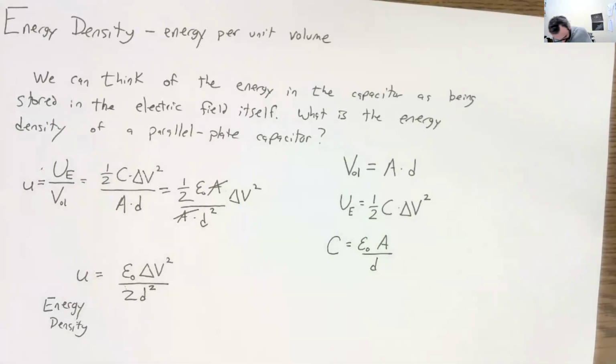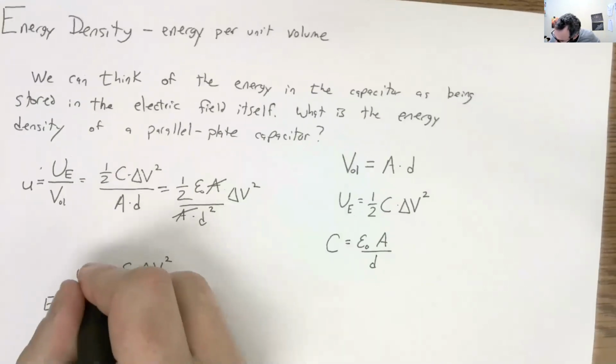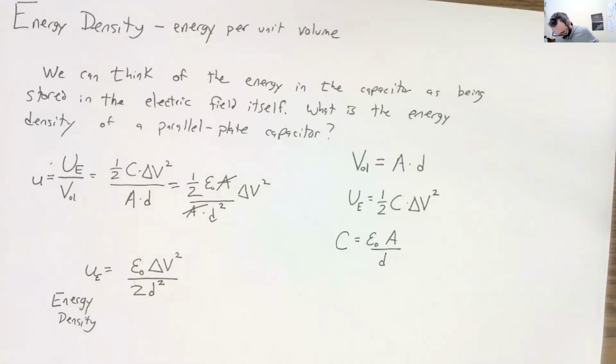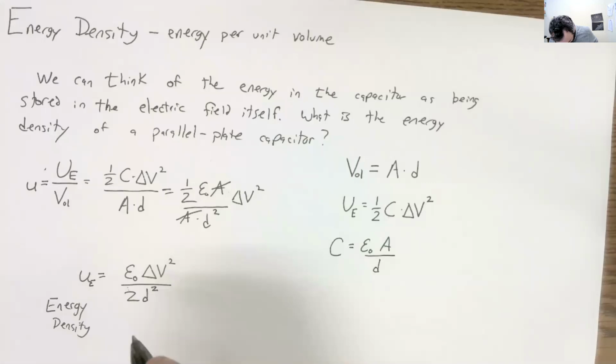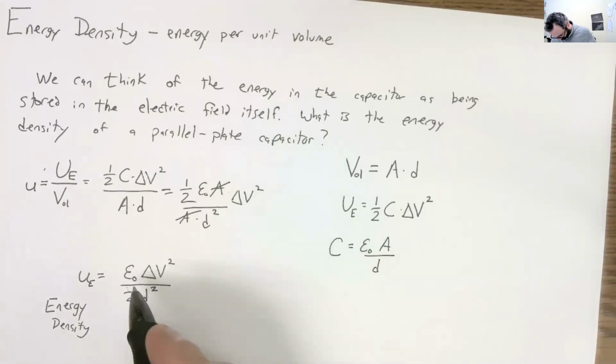If we're on Serway and Jewett, chapter 26, page 788, they do use the lowercase u for energy density there. Oh, they write it. Okay, so we've got a good one.